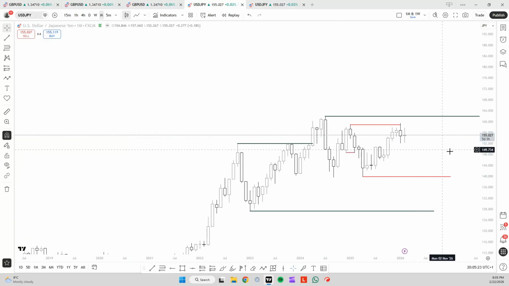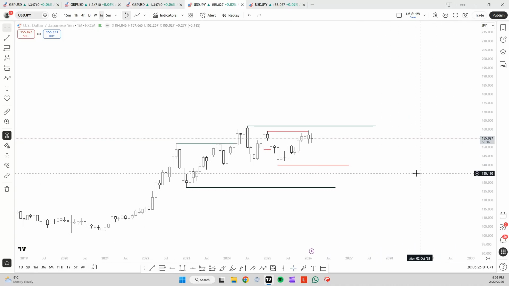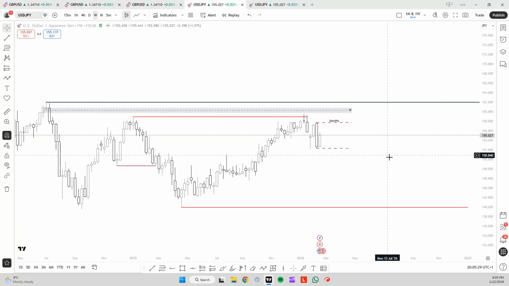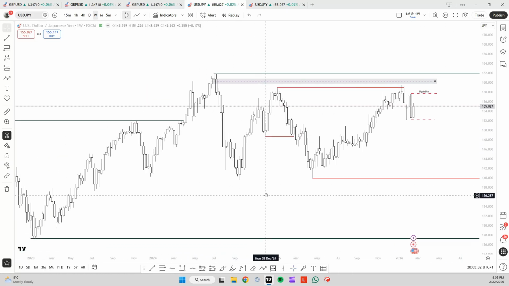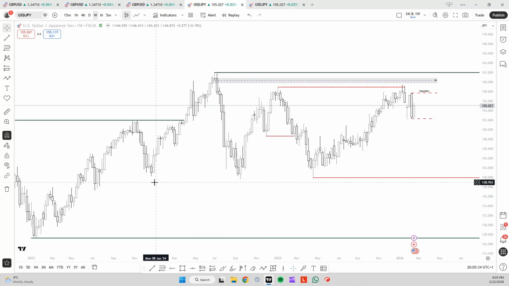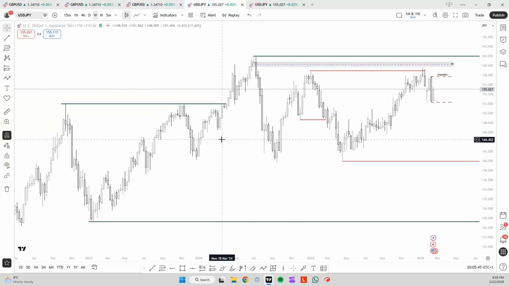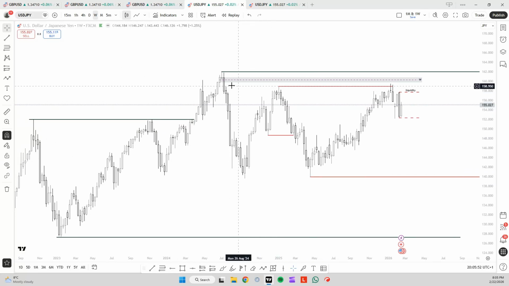So this made me a little bit curious, so I jumped on the weekly and looked deeper into it. What I'm seeing is that it looks more like an accumulation, because this is obviously a bullish leg, right? And this was after the price took liquidity, kept going bullish, but didn't break the high and turned bearish again.